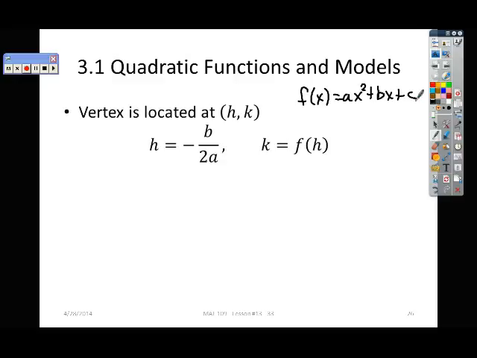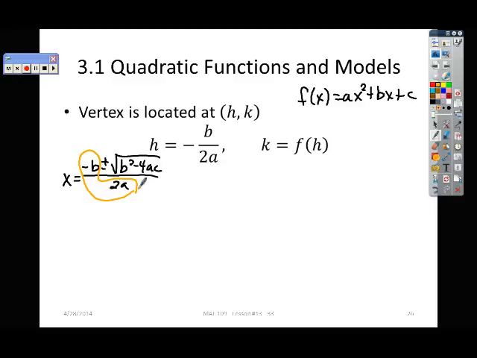How do you remember that? The quadratic formula, right? Ignore the square root, and that is this equation.